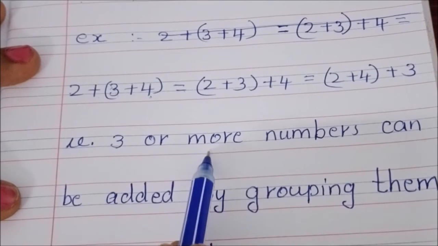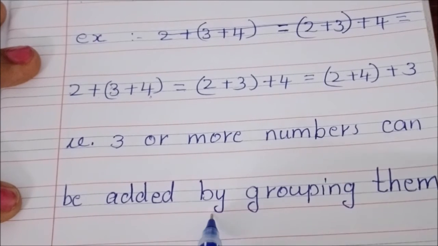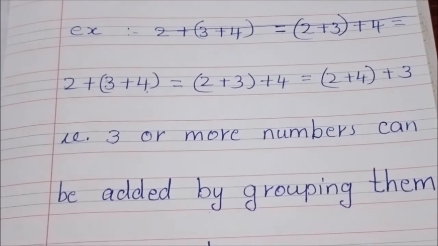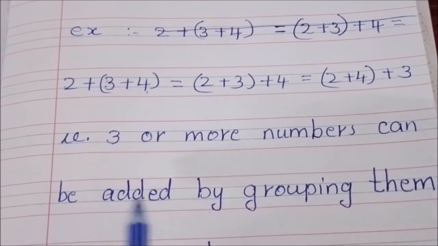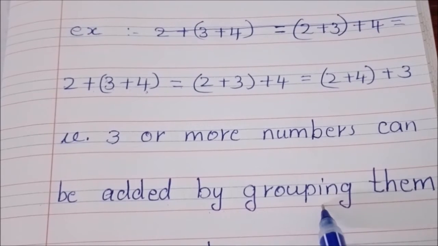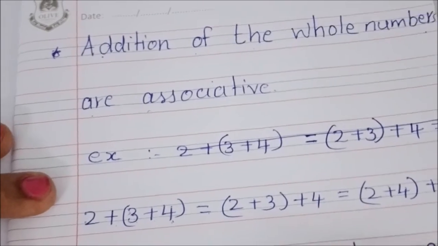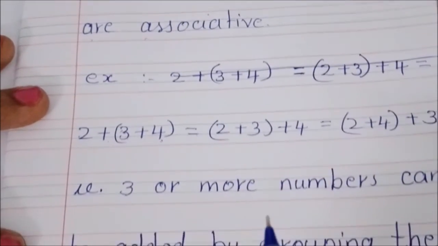3 or more numbers can be added by grouping them in any order. Still, the sum remains the same. Alright? Did you understand?